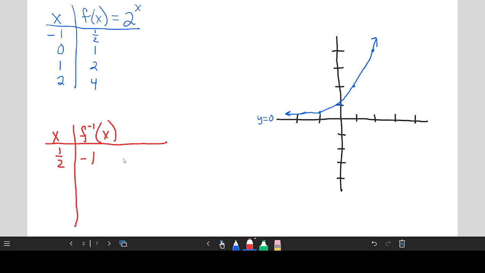So now we'll have the point 1/2, -1. And we'll have the point 1, 0, and 2, 1, and 4, 2. So let's plot those points. 1/2, -1 is going to be about there. 1, 0, 2, 1, and 4, 2.